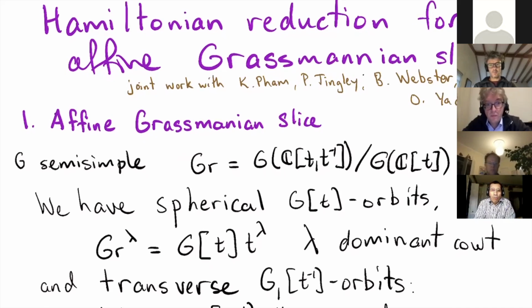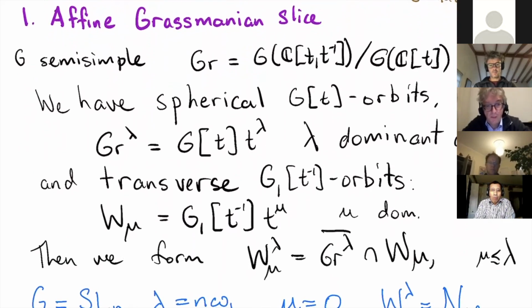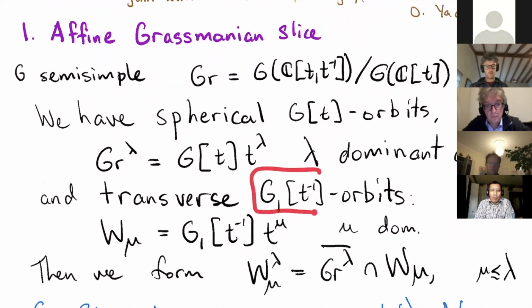And now we study these transverse orbits of this group G_1[t^-1]. So this means that we work now with a complementary subgroup to our G of O. So we take G of polynomials in t inverse, and then this one means that when we send t inverse to 0, we get the identity element in the group.